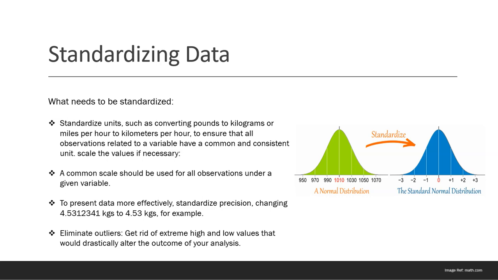So a lot of models, especially ones that contain regularization, require the input data to be standardized in order to work properly. Okay, so for example, in this one, you can see the distribution carrying data from 950 to 1070, and the other distribution is basically a transformed version of this.